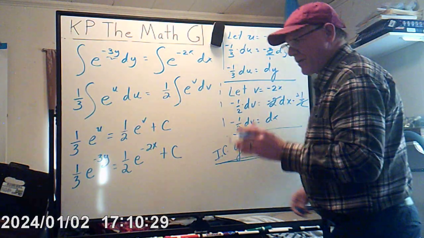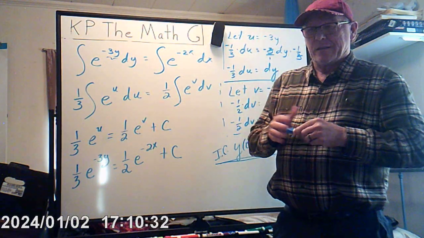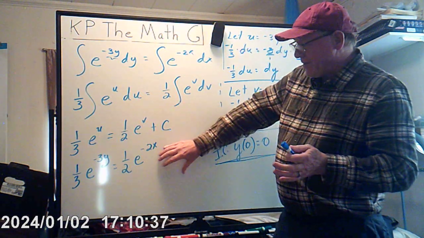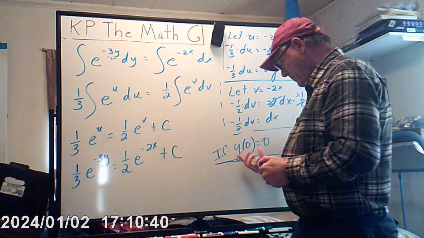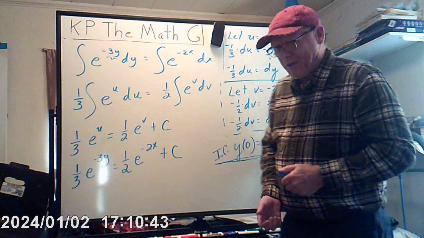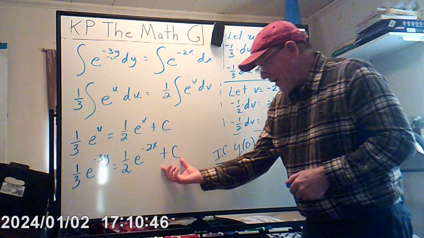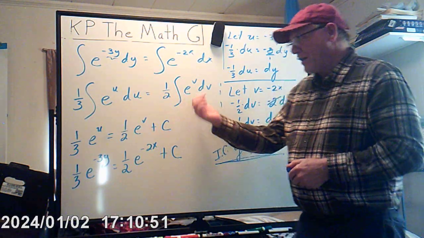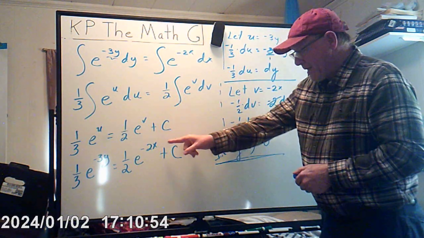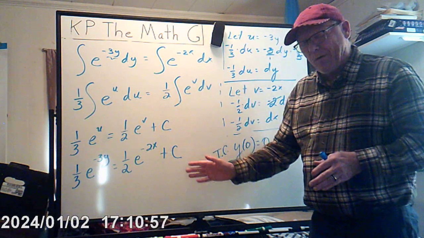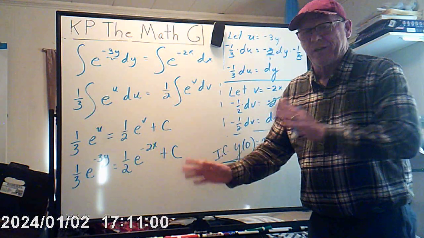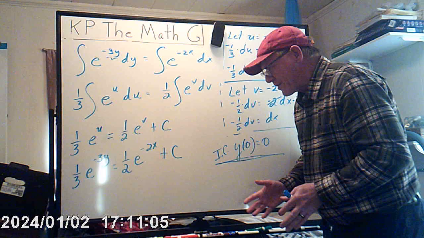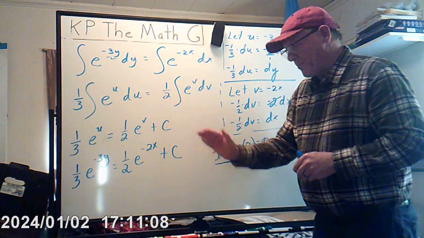Now, again, when you're taking that AP exam, and you leave this c off, you don't have a c to worry about looking for anything. When it says look for a particular solution, you need to have a plus c on this. You will lose that point if you do not have that plus c on the end. So put it there. And if you're a regular calculus student, put it there. Get used to putting the plus c on the end.